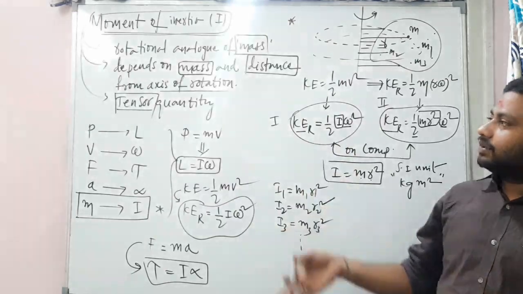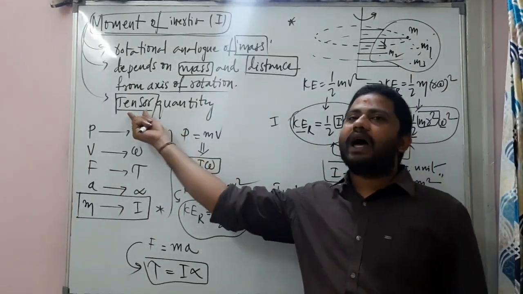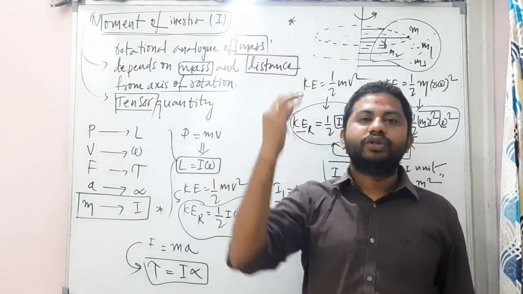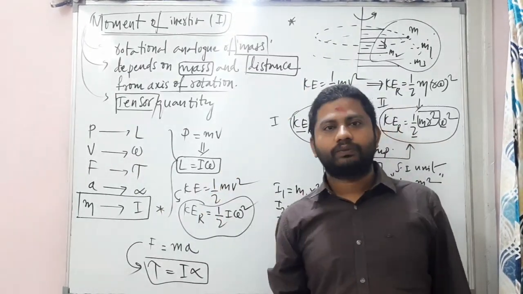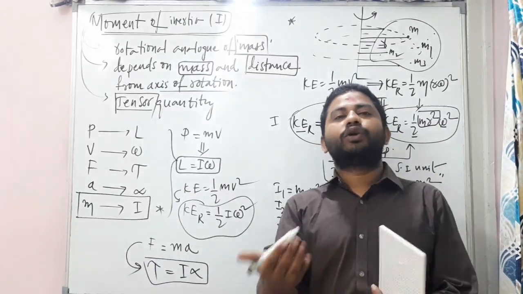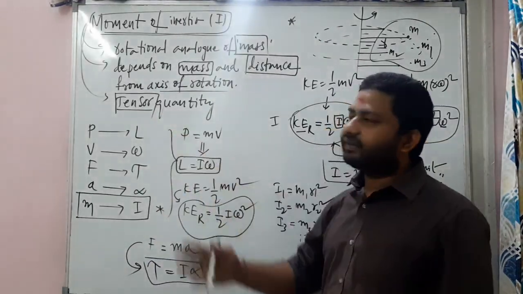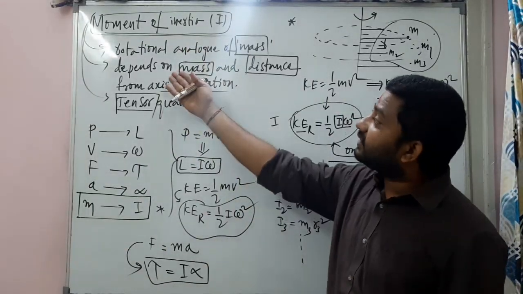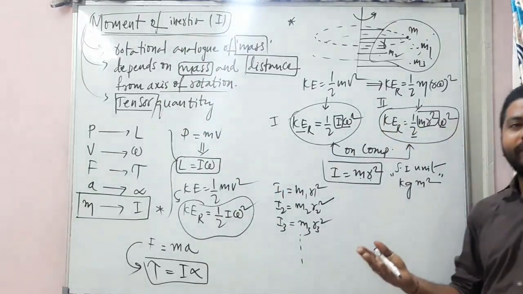Right now, tensor is a name which is a new alphabet for you. That's it. You decide how much work you do to understand tensor quantity, to understand the moment of inertia, and this formula I is equal to m r square.